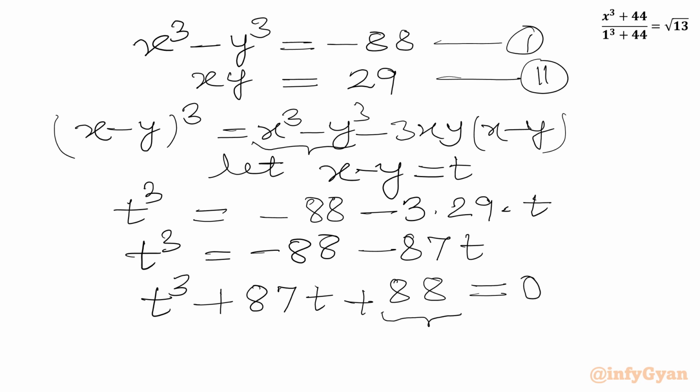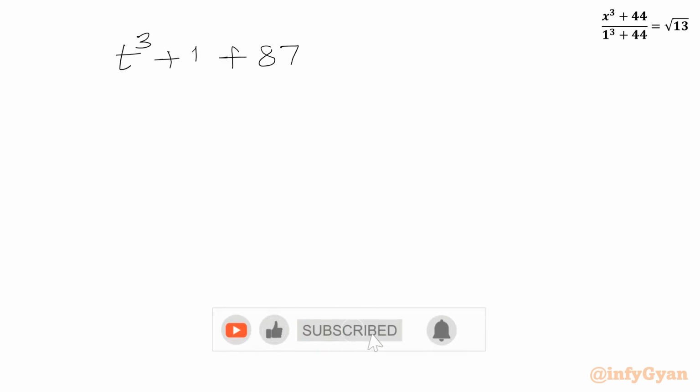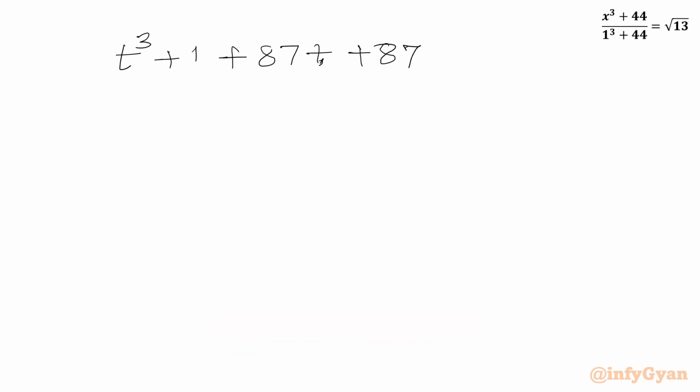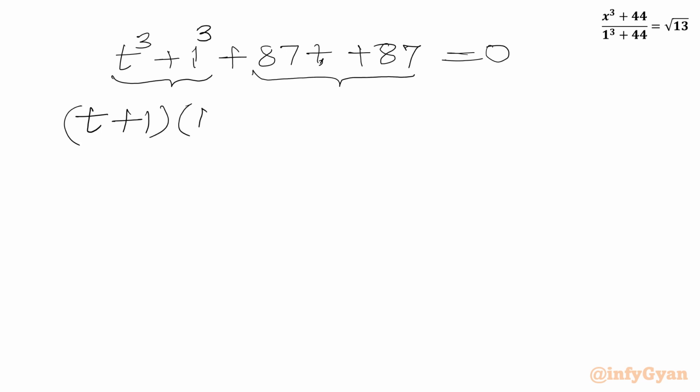Now I will split 88 as 87 + 1. So I will be writing t³ + 1 + 87t + 87 = 0. Now here we will take 87 common. Here we will apply the a³ + b³ formula, so I will be writing (t + 1)(t² − t + 1).